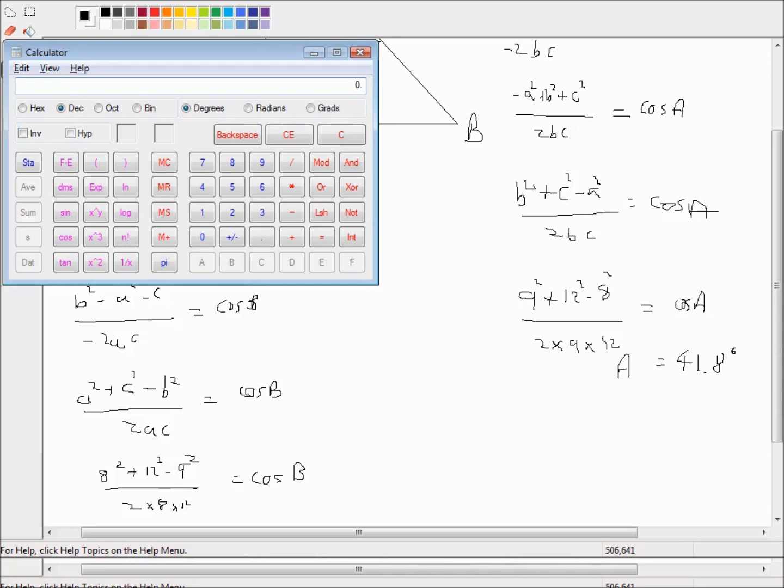So I have my calculator, so let's plug in these numbers. Oh, I need to check I'm on degrees, and I'm on degrees.